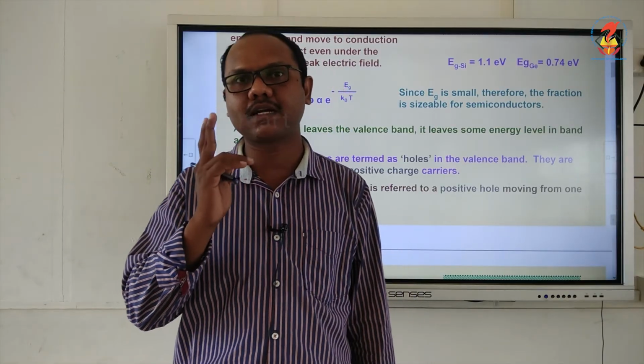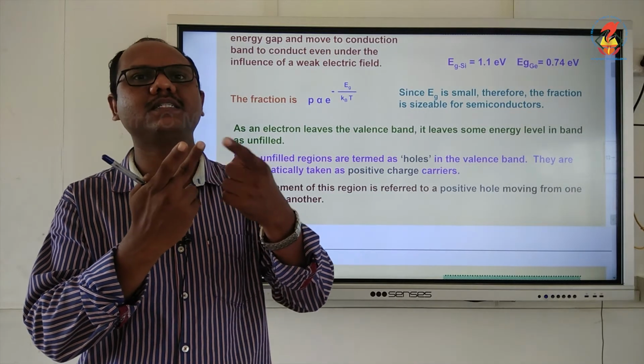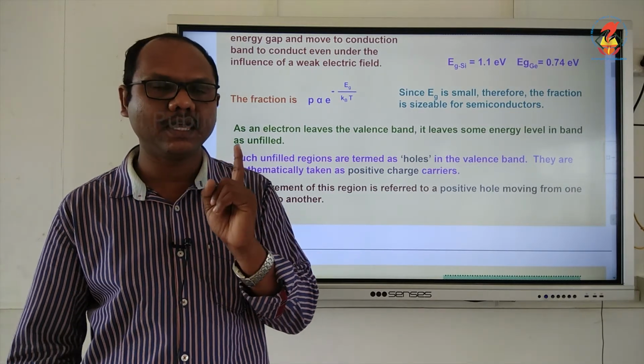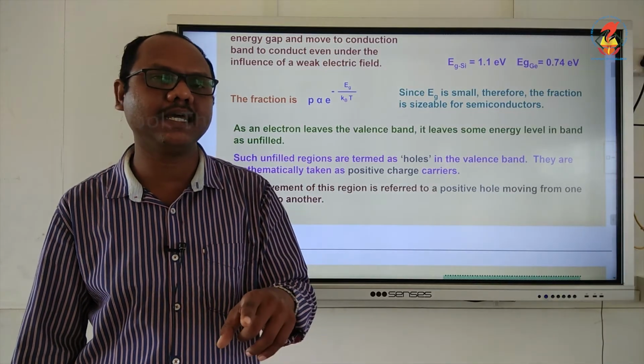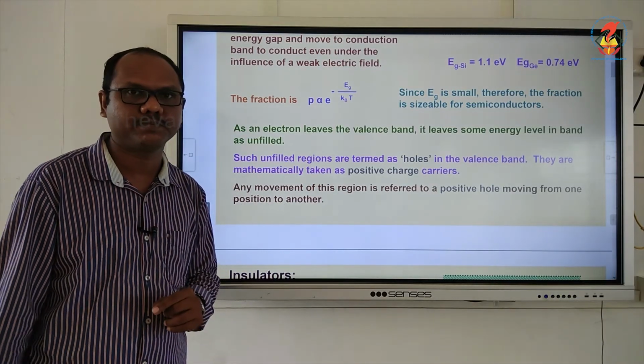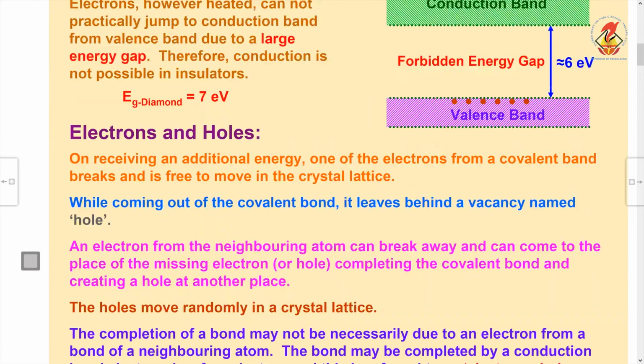So in an electronic device there are two types of current: electronic current and hole current. Electronic current takes place in the conduction band, whereas hole current takes place in the valence band. Any movement of this region is referred to as a positive hole moving from one position to another, and that will create hole current. Now see the next figure.